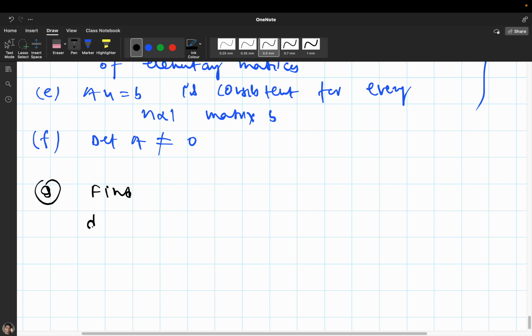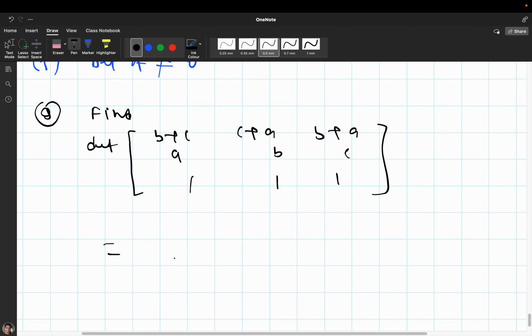Now, take one example. Find determinant of B plus C. I will give 10 seconds and tell me the answer. Your time starts now. What is the value?